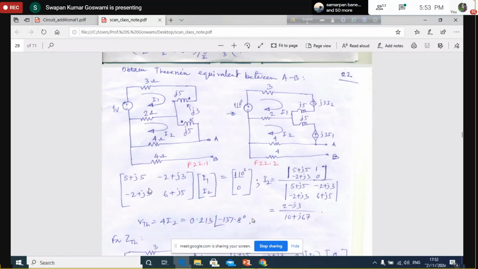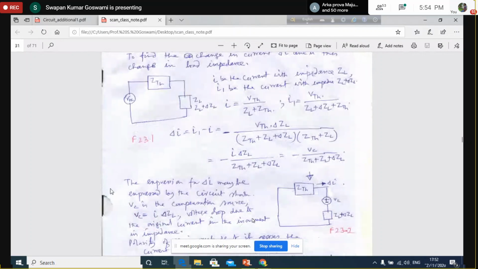Yes. But it does not always lose it. It depends upon the presence of the dependent source. If the dependent source is present symmetrically, then again the network will be symmetrical and reciprocal as well. Okay.